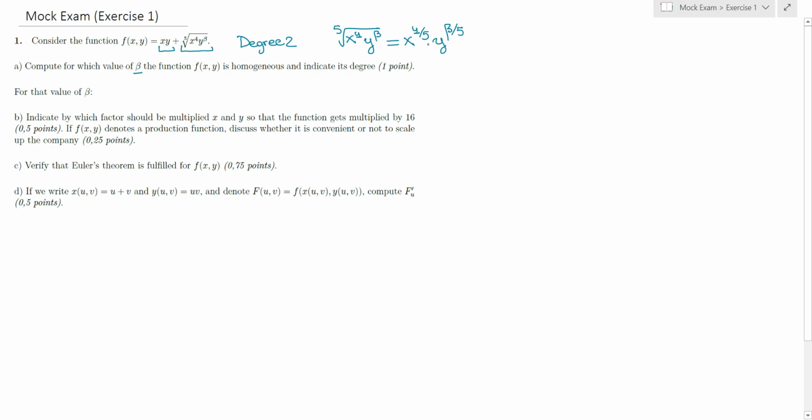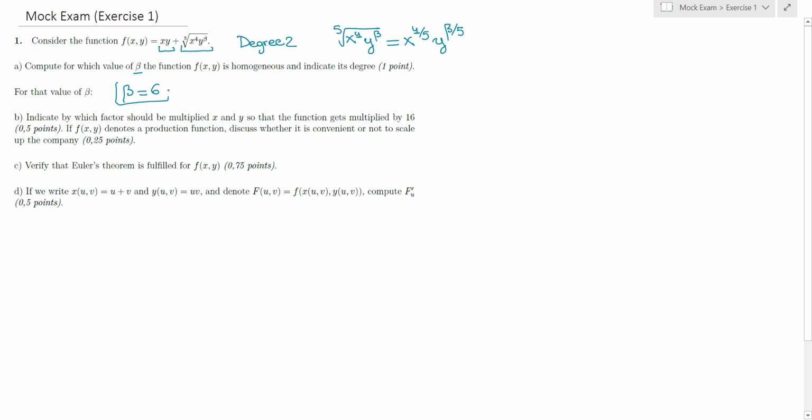We could do it through the definition, but the important thing is that, if we have a fifth root, the interior of the root must be of degree 10, so that 10 over 5 gives us 2. And if we want x to the 4th times y to the beta to be of degree 10, of course, beta should be equal to 6, since 6 plus 4 is equal to 10.